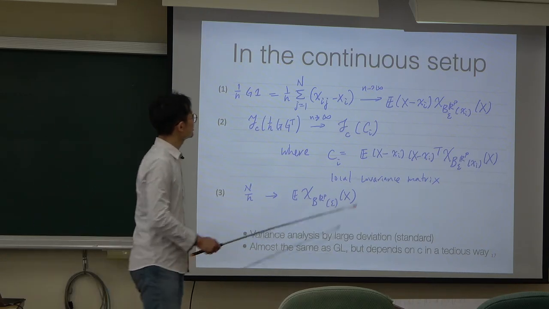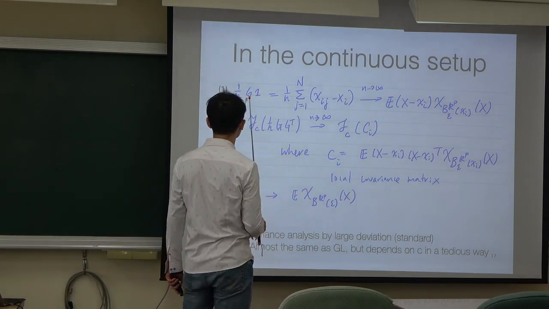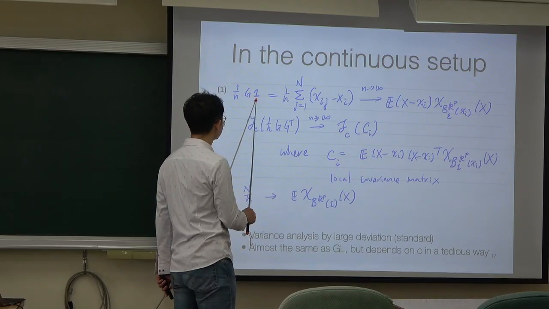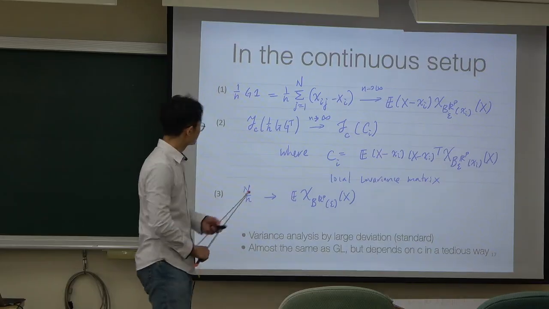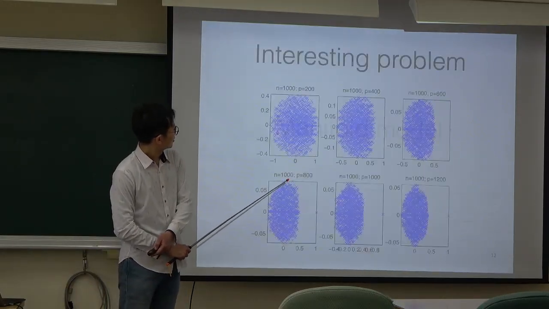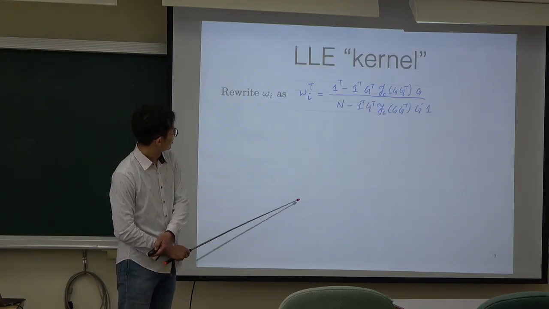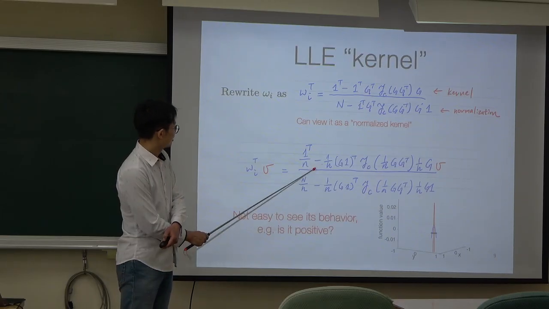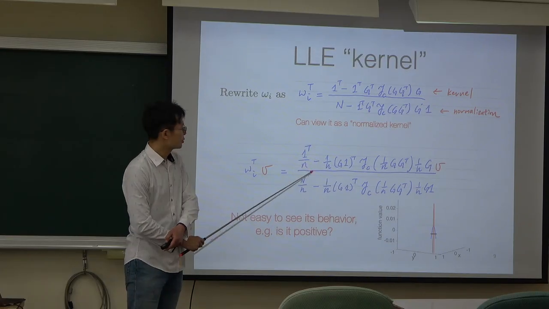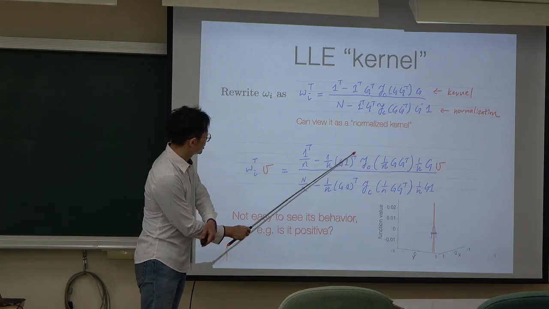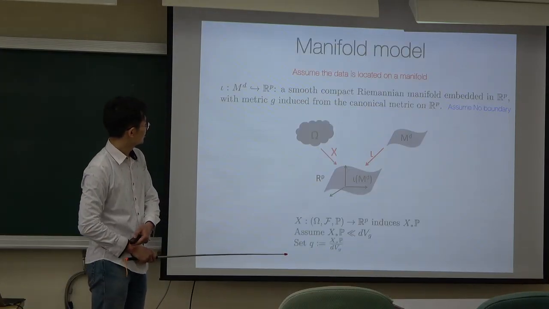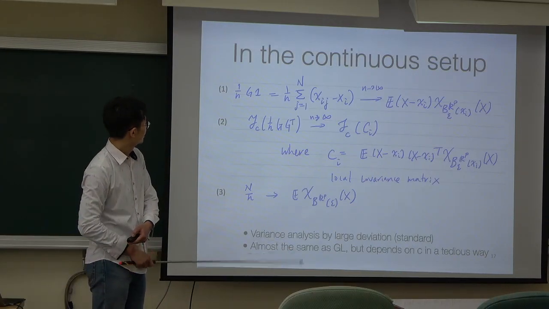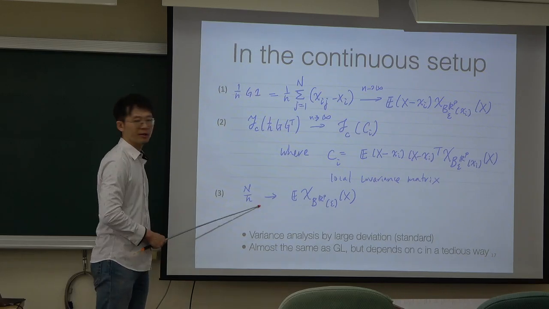In a continuous setup, what we expect will be first, you have 1 over n G1, and what is this guy? Let's take a quick look. We have several terms: 1 transpose over n, G1 transpose, and all these terms, and all of them can be analyzed.